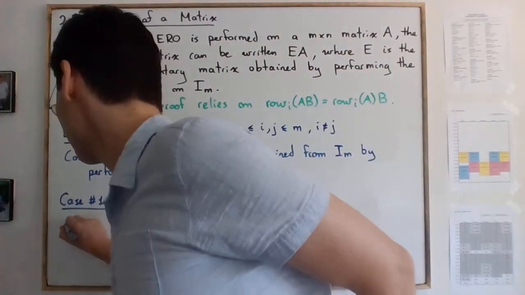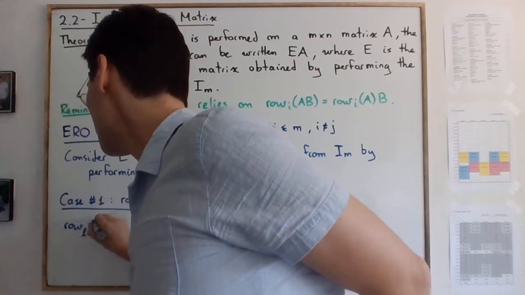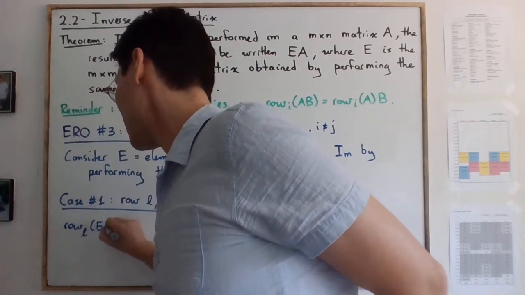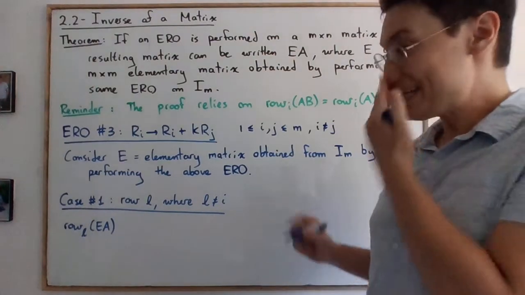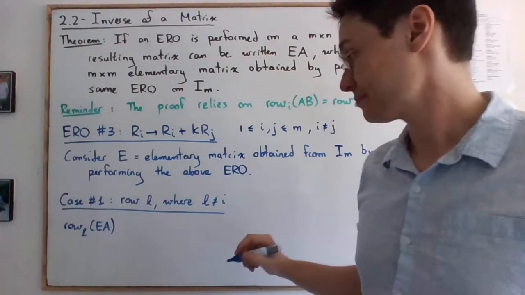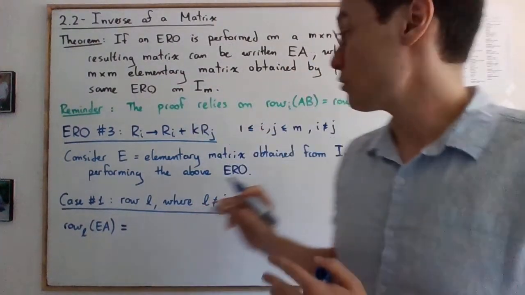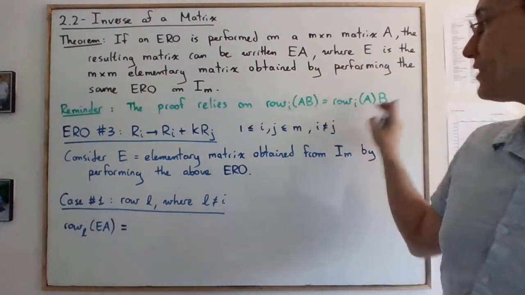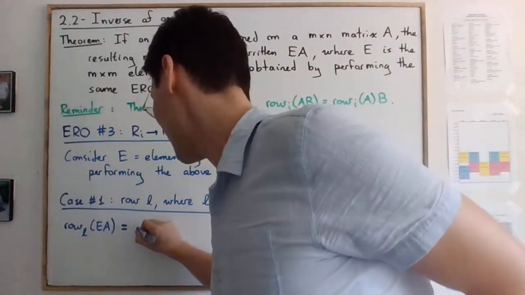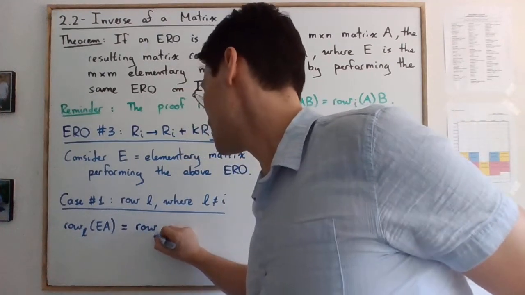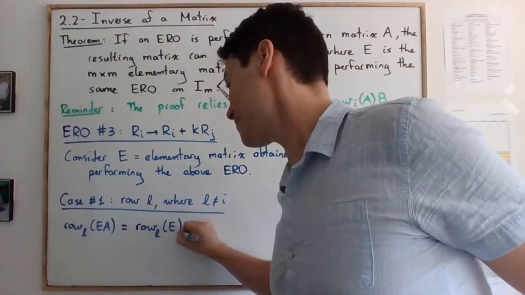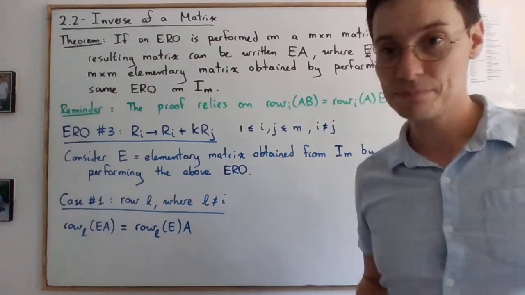So we would like to compute the lth row of E times A. So again, same as before, we use this identity all the time. So that's the row l of E multiplied by A.